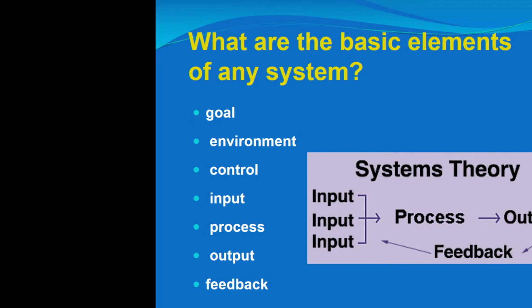What are the basic elements of any system? Due to the system theory, each system consists of environment. It has inputs, outputs, feedback, environment, boundaries.